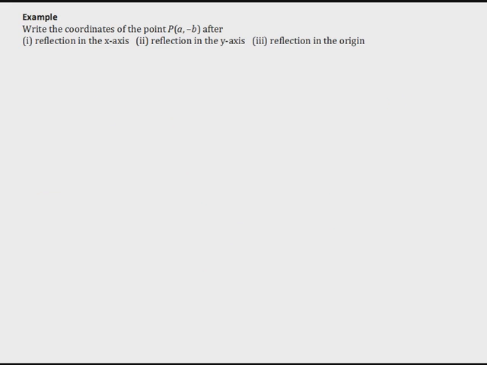Write the coordinates of the point P A, B. So the x coordinate is A and the y coordinate is B after reflection in the x-axis. What happens in reflection in the x-axis? Let's just recall. So A, B is somewhere here.